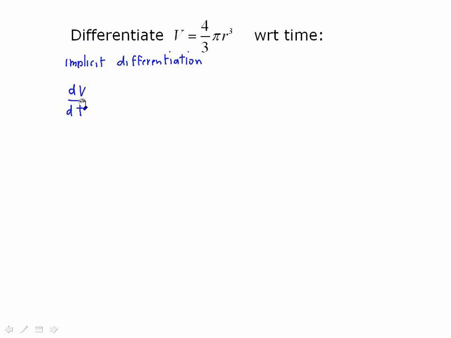So I'm not going to take any chances with this, no shortcuts. dV/dt is equal to, now when we differentiate this, the only variable we have is r. So we do implicit differentiation, or the chain rule if you like. That 3 exponent gets multiplied by 4/3, giving us 4 pi r squared, and then dr/dt.